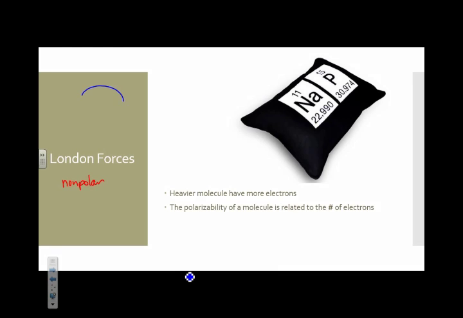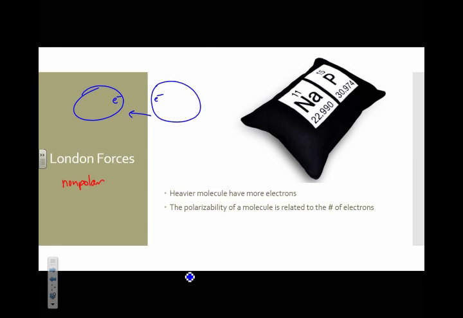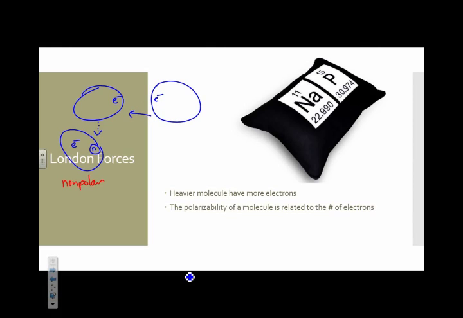So think about it this way. I've got this molecule and this molecule, and as they get closer to each other, the electrons on this molecule and the electrons on this molecule say, hey, wait a minute, we don't really like each other. And so for a moment in time, this molecule scoots all of its electrons over here. And here's our nucleus in the middle. What happens then is I get a partial negative buildup on one side of the molecule and a partial positive on the other.